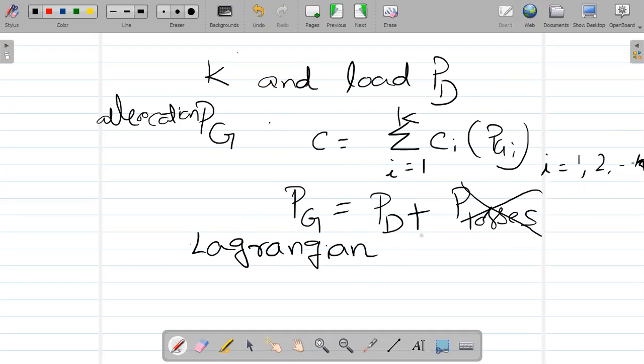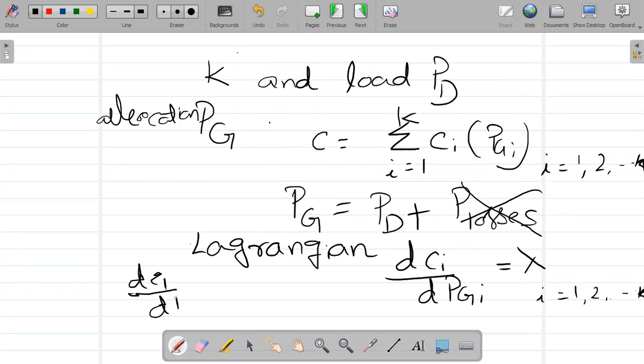When we apply this method, the incremental fuel cost of the thermal plant equals lambda, where lambda is called the Lagrangian multiplier, for i equal to 1 to K. When we consider two thermal plants, the solution of economic scheduling is that the incremental fuel cost of each plant should be the same. For thermal plant 1, the incremental fuel cost is dC1 by dPG1.